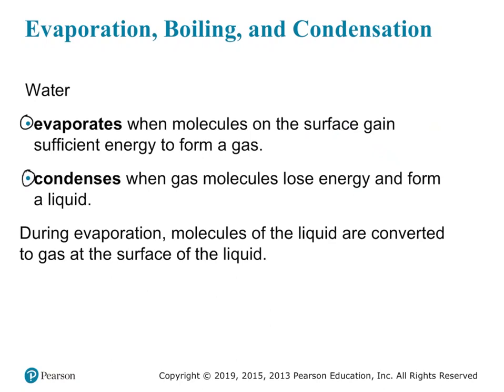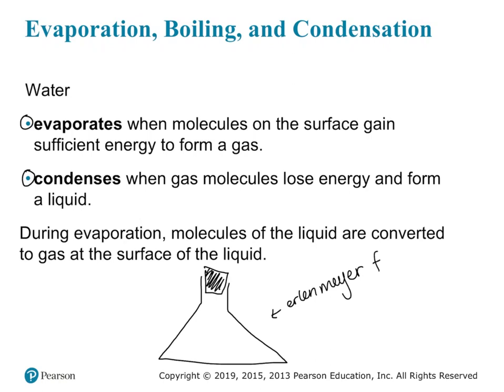So during evaporation, molecules of the liquid are converted to gas at the surface of the liquid. So if we had, let's say, a container that was closed. This is actually called an Erlenmeyer flask, although my drawing does not do it justice. And let's say we had a little stopper in there and some water.